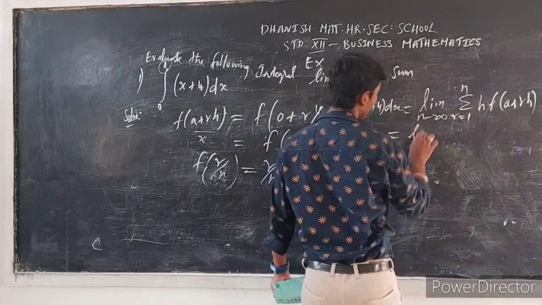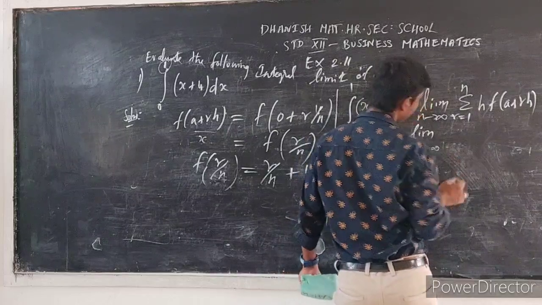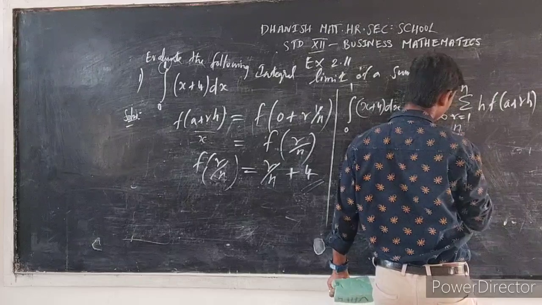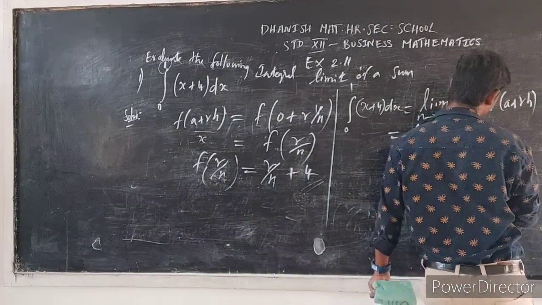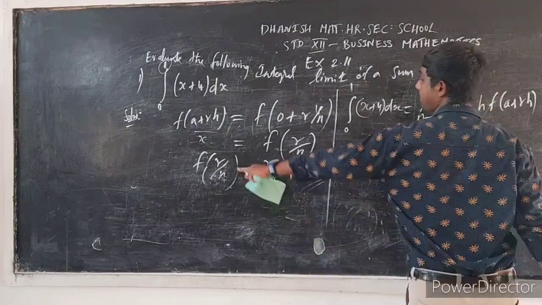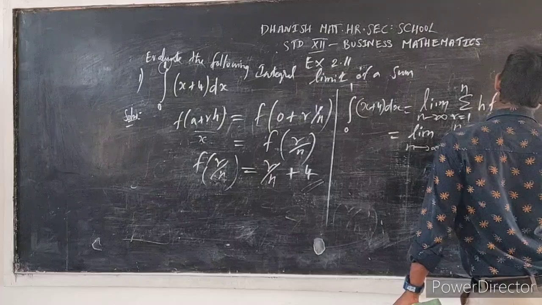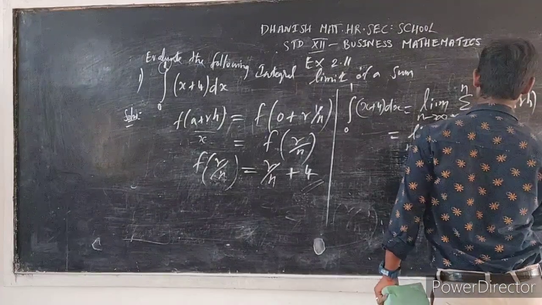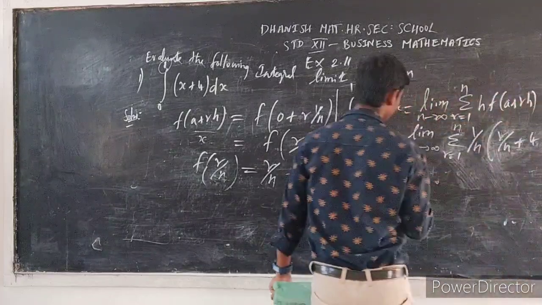So then limit n tends to infinity, summation r equal to 1 to n. What is the h value? That is 1 by n, f of a plus rh value, that is r by n plus 4. So that is summation of r by n plus 4.